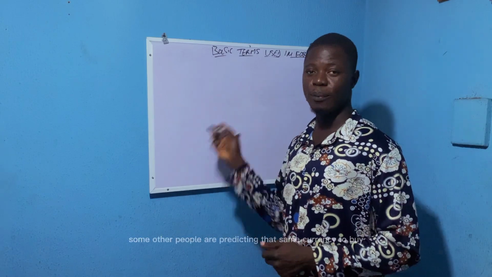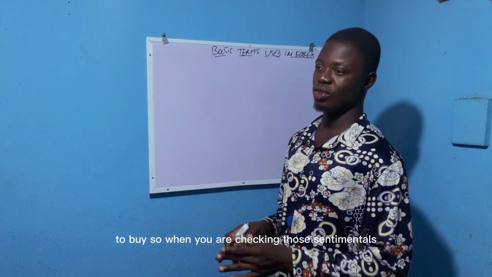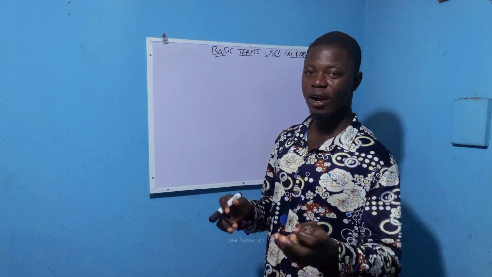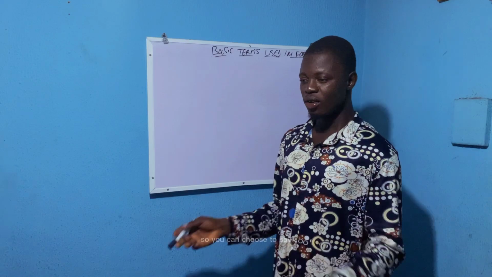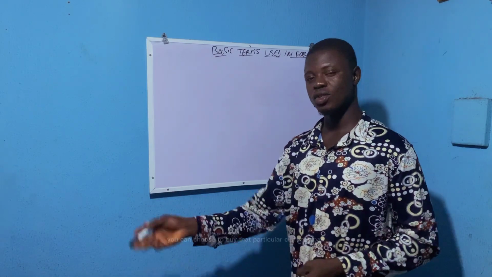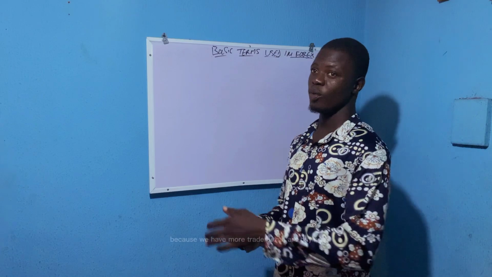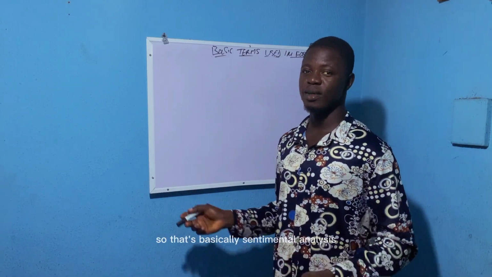Then some other people are predicting that same currency to buy. So when you are checking those sentiments, you should know that you have more people saying buy than people saying sell. So you can choose to buy that particular currency pair because you have more traders that are buying. That's basically sentiment analysis.